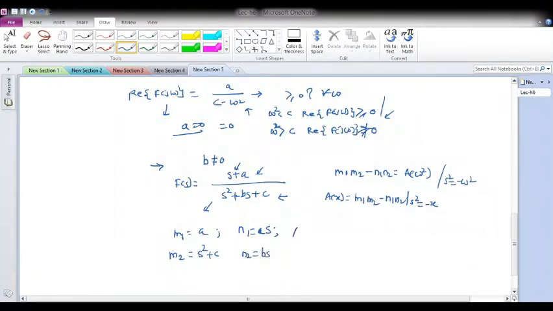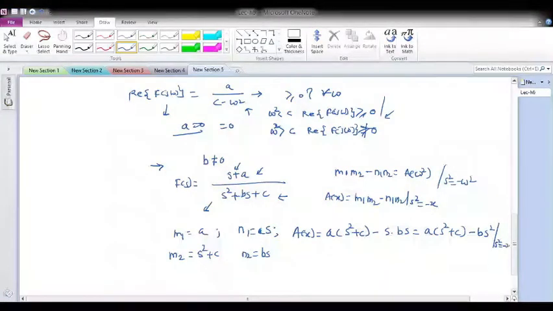Now let me evaluate a of x, which will be m1 into m2, so a into s square plus c, minus n1 into n2. Here n1 is s and n2 is bs, so it is a into s square plus c minus b into s square, and then I evaluate s square at minus x.